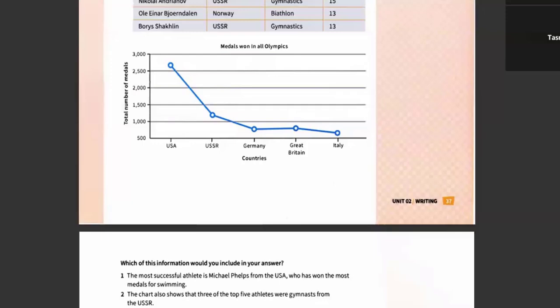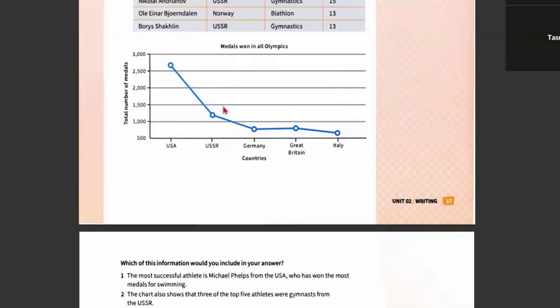Yes, I'm done. Okay, give me the sentences. Among all the countries, the most successful country in having the highest number of medals is USA. Very good.